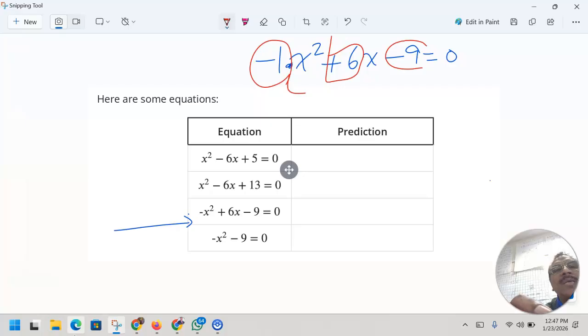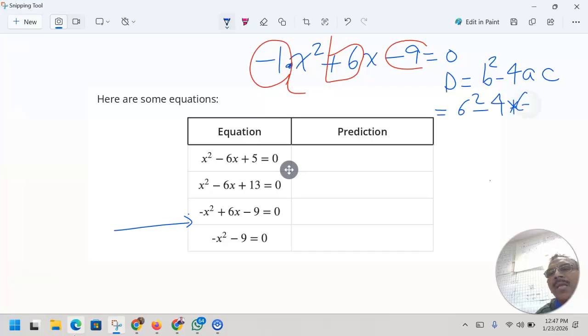Once you get a, b, c, all you do is write down D is b squared minus 4ac. You square the b, so the 6 squared, and then times a, which is minus 1, and times minus 9.